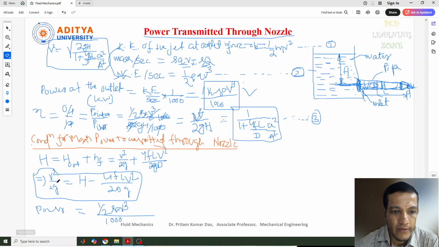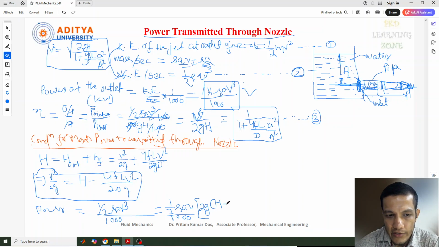So V² we can write from here, with 2g going to this side and multiplied here. So the power is 1 by 2 rho A V divided by 1000, bracket start, 2g, bracket start again, H minus 4fLV² by 2dg. I just took this equation from the previous step.